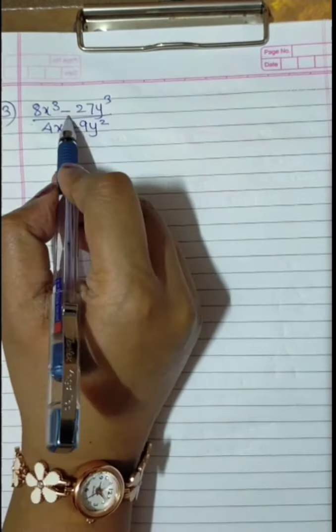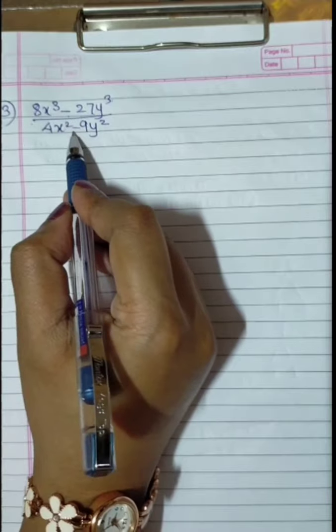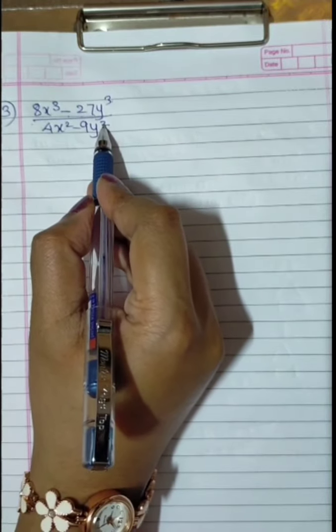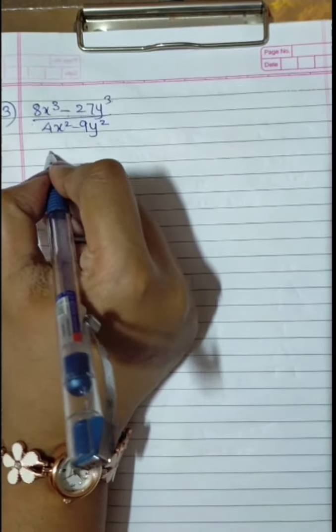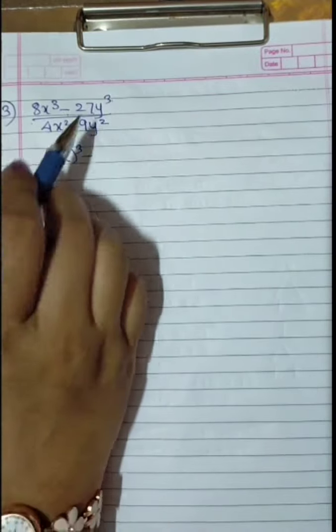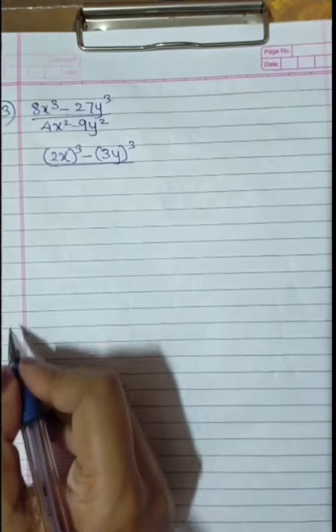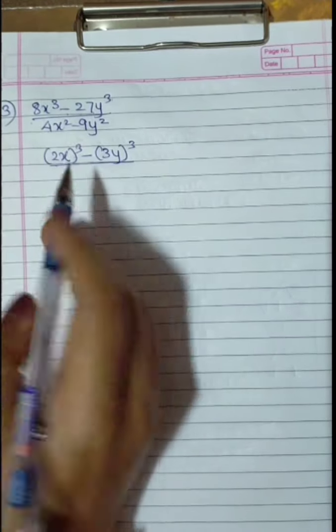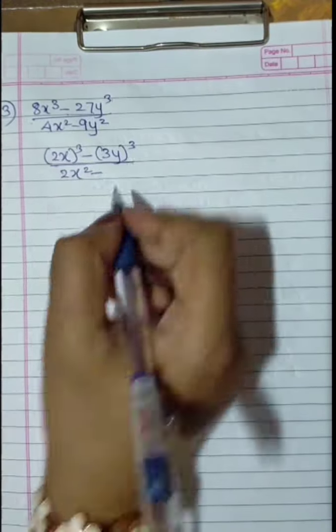Now see the third question, what is given? 8x cube minus 27y cube and 4x square minus 9y square. Now cube is given, so we will take the cube root of 8, which is 2x, and the cube root of 27, which is 3y, upon, now square is given, so 2x square minus 9 is 3y square.